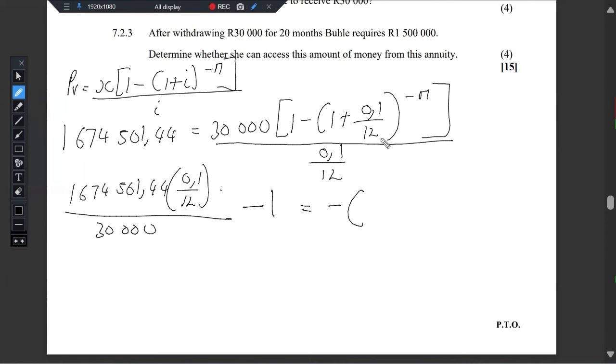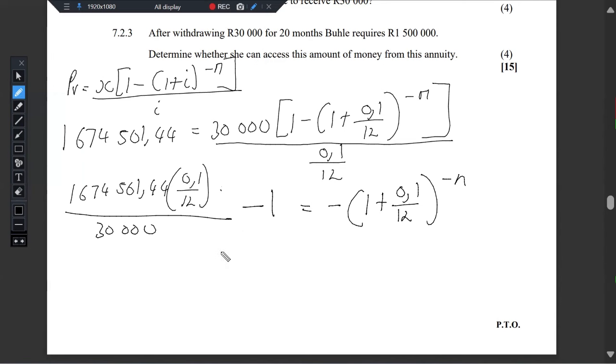And then you can try to, okay, even if this one you don't solve it now, 1 plus 0.1 over 12, and then to the exponent of n. Now at this point, you want to find the value for all of this. You want to just punch it straight up in your calculator.